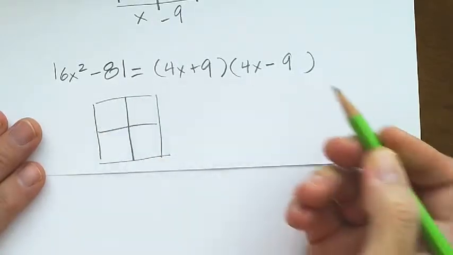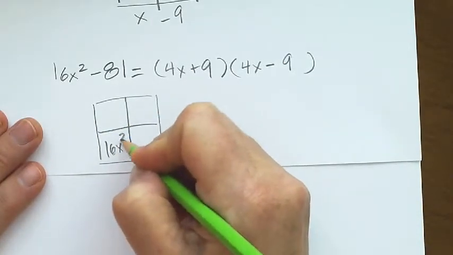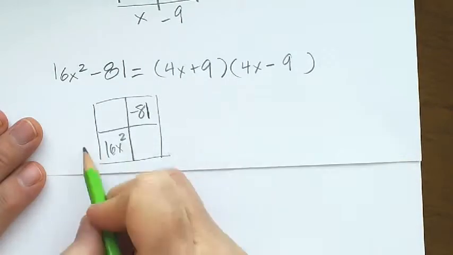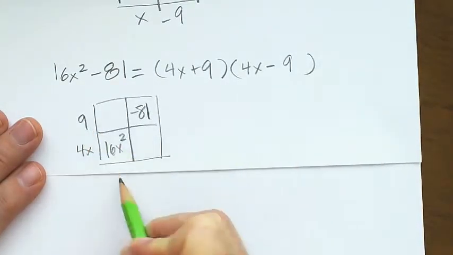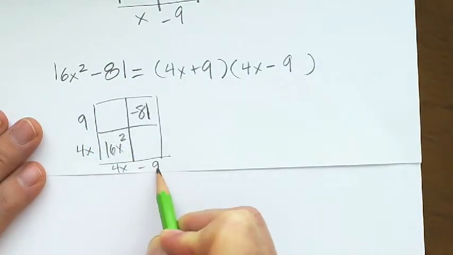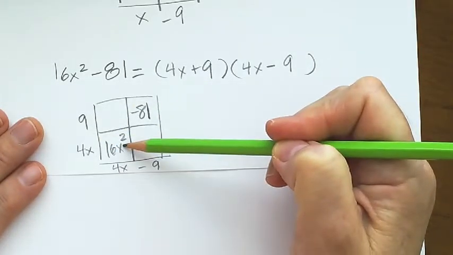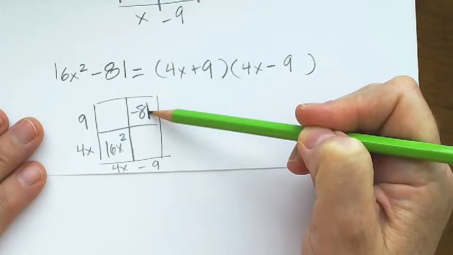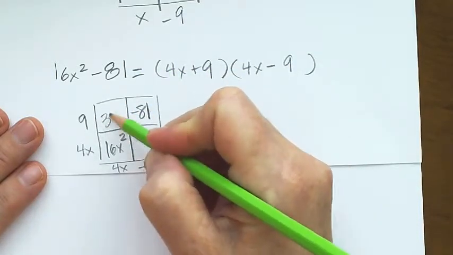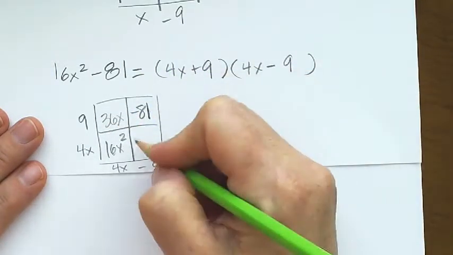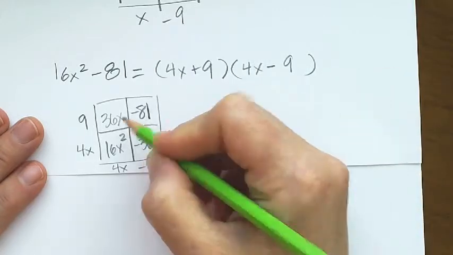Is that correct? Okay. If I did 4x plus 9 and 4x minus 9 for the length and the width, that would give me 16x squared here. It would give me negative 81 here. It would give me 36x here. It would give me negative 36x here.